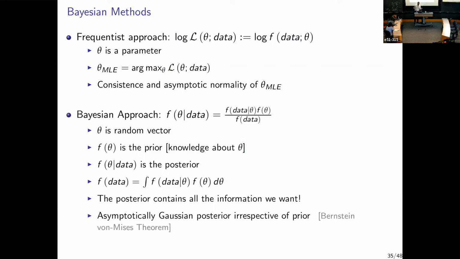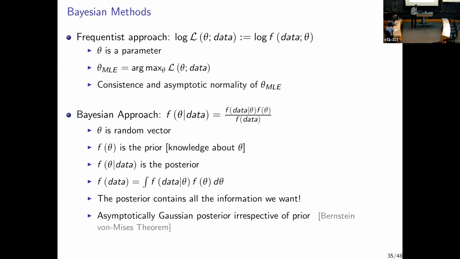Now, in the Bayesian approach, we say no. We're going to think of theta not as a parameter but as a random vector, a random variable essentially, right? Now, the distribution of the random vector theta given the data is going to follow Bayes' rule.